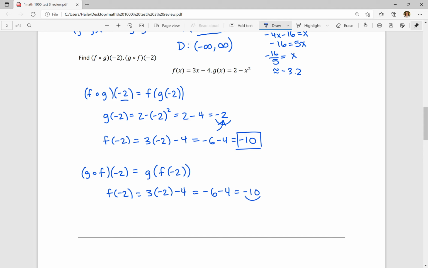So we're going to take this answer from f and plug it in for g. So we'll have g of negative 10, which is 2 minus negative 10 squared, which is 2 minus 100, which is negative 98. So negative 98 is your final answer.